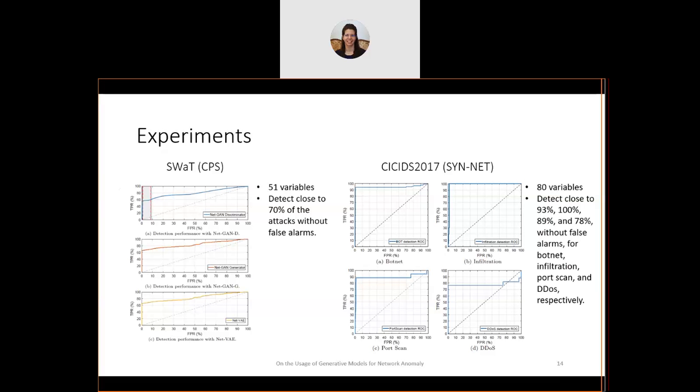In this dataset, for the 4 considered network attacks, about 93%, 100%, 89%, and 78% of the attacks are detected with a FPR below 1%. This is for the attacks of botnet, infiltration, port scan, and DDoS, respectively. These results show a promising result for this specific scenario.